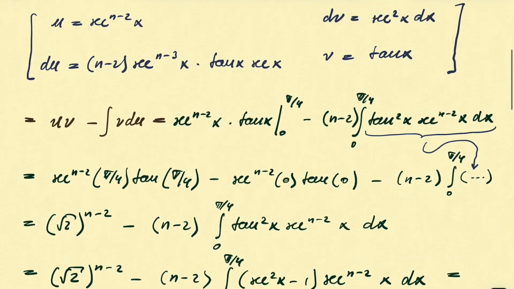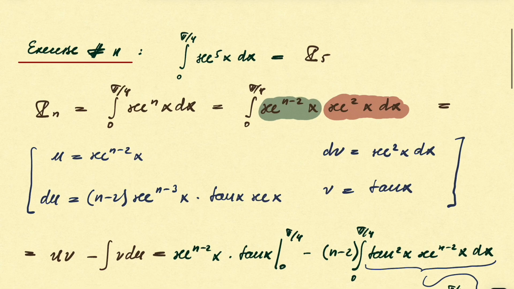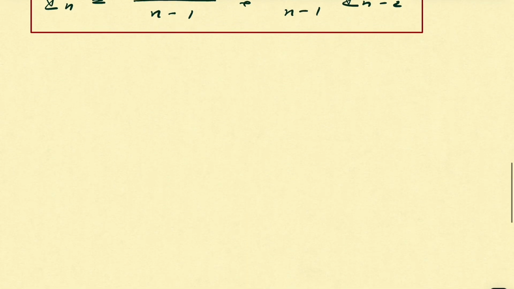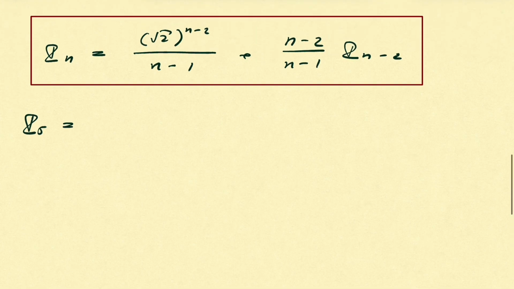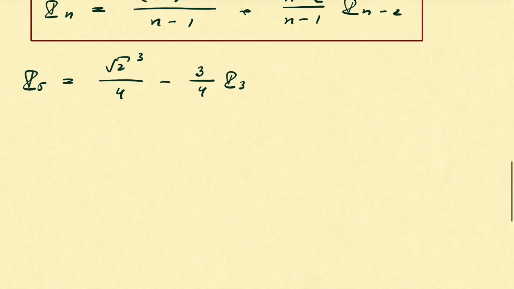What we need here is I sub 5. So let's compute this. I sub 5 is equal to, looking here, square root of 2 to the power of 3 over 4 minus 3 over 4 I3, right? Good.